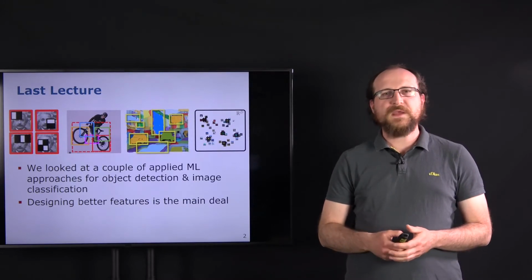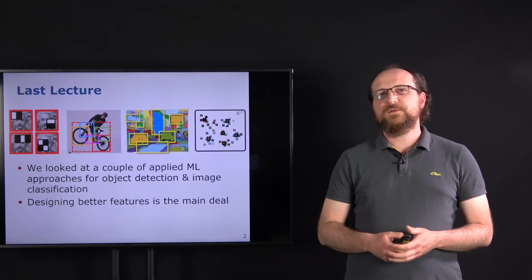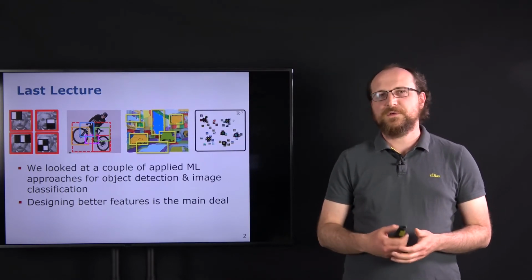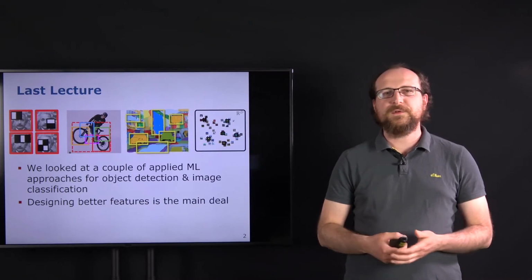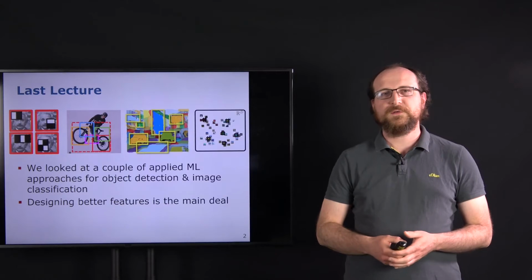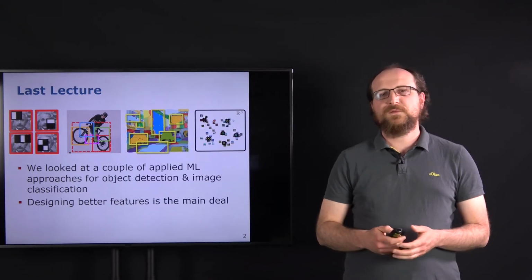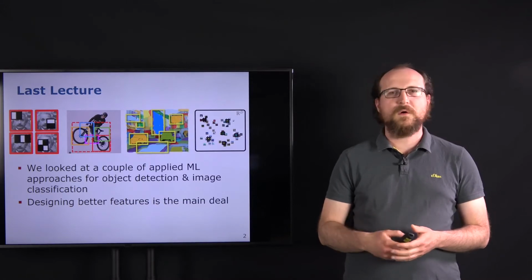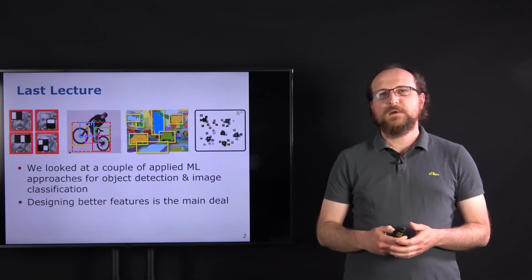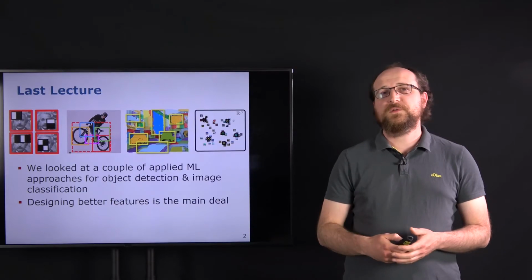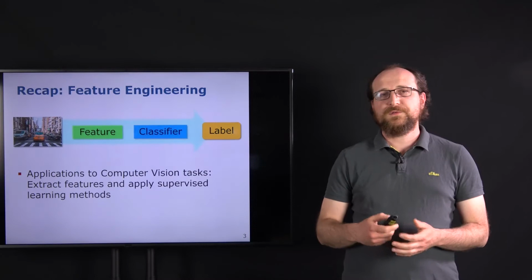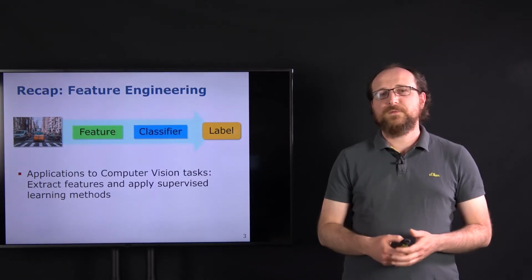The main thing that people did to get machine learning methods working on image classification or object detection was the designing of clever features that enabled the machine learning approach to do the task. So the main deal of the approaches there was getting more complex, more descriptive features that can then be used for the machine learning approach. So this has much to do with the so-called feature engineering.